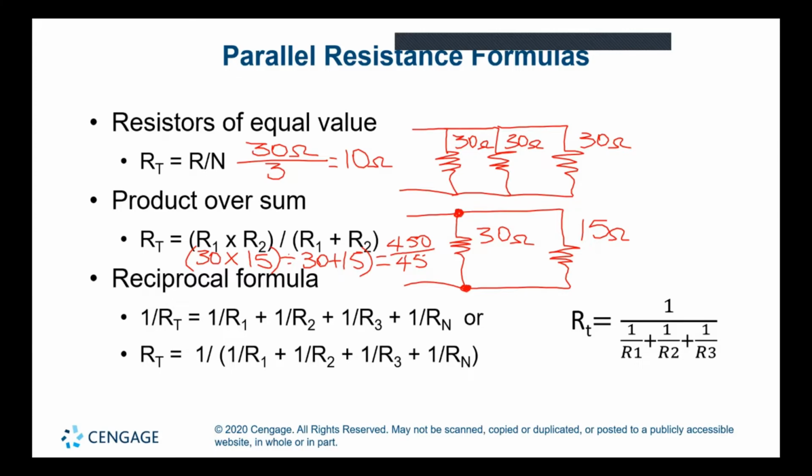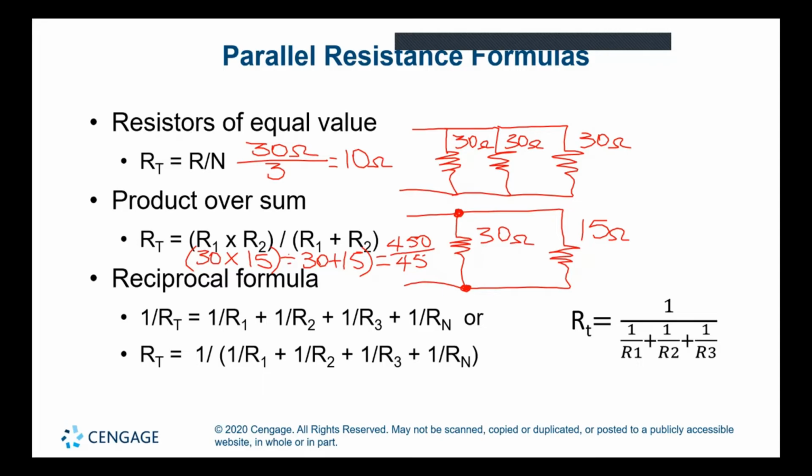In this case, it's going to be 30 ohms divided by 3, which is equal to 10 ohms. But we can only use this formula when we have resistors of equal value. We cannot use it for anything else.